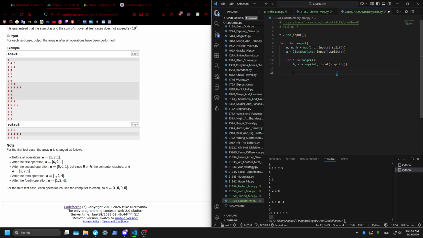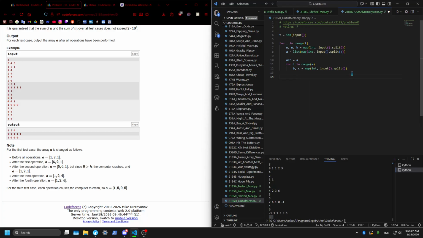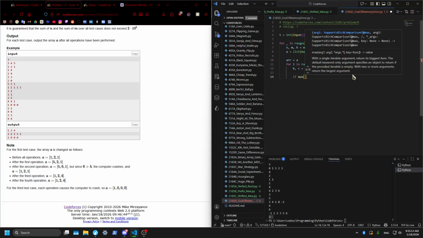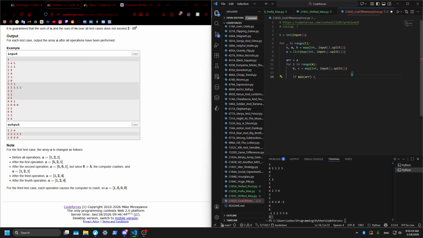Okay, so we need a temporary array called R. R equals A. Now, it crashes if max R is greater than, or wait, what if it's equal to?